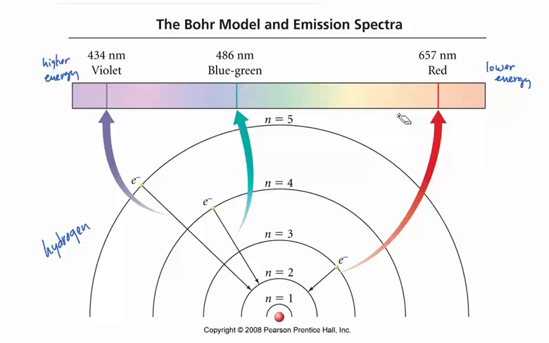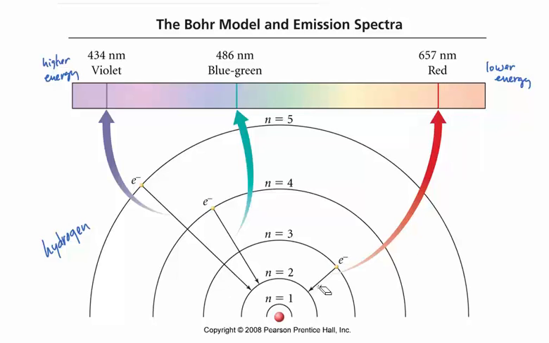Hydrogen gives off pretty much 3, maybe 4. There's one more that's kind of over here. Okay. But it gives off pretty much only those colors of visible light when it's undergoing electron transitions. And we could literally see that by holding up a prism to a lamp with hydrogen glowing in it. Okay.